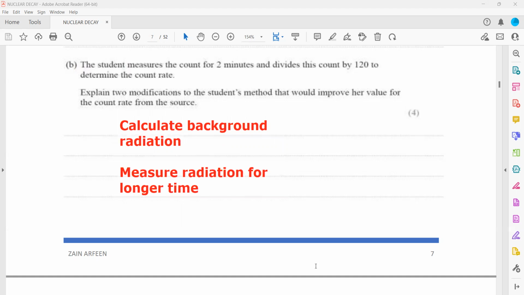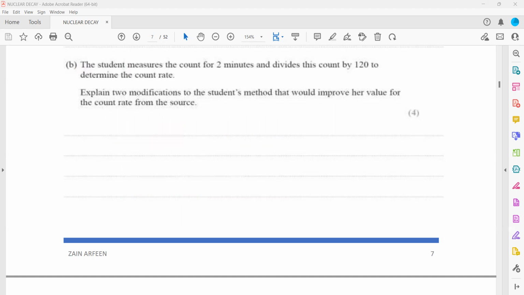So two modifications, that's 4 marks. One is that background radiation should be measured and then subtracted from the original to get the count from the source. And second, because radioactivity is random, it will induce uncertainty, so she should measure for a longer period of time.